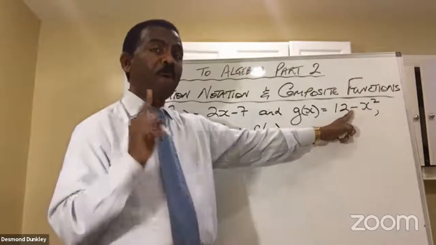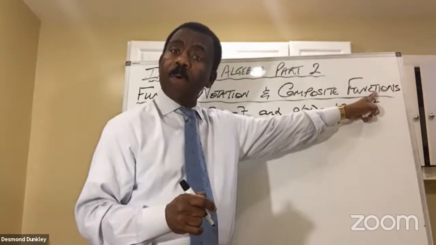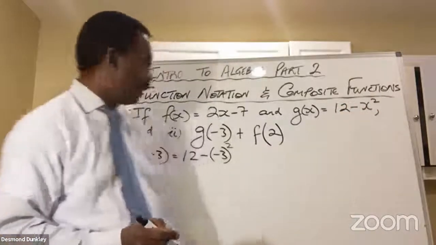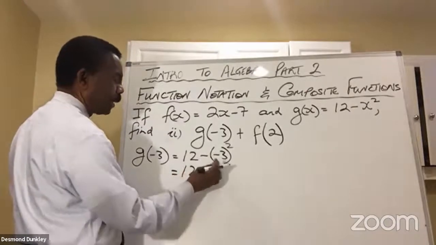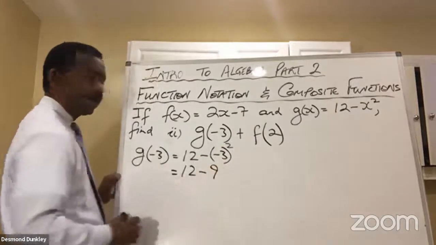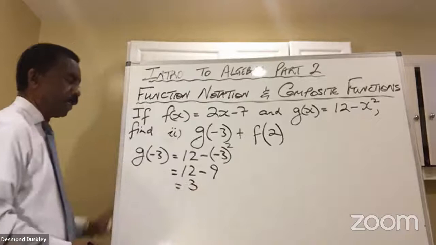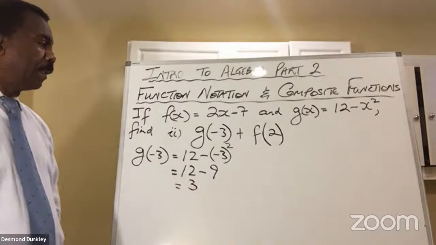But you know from the order of operations, you have to do the power 2 first. The exponent goes before you do subtraction. So what do we end up with? It's going to be 12 minus -3 times -3 is 9. So this is actually equal to 3. So G of -3 is +3.